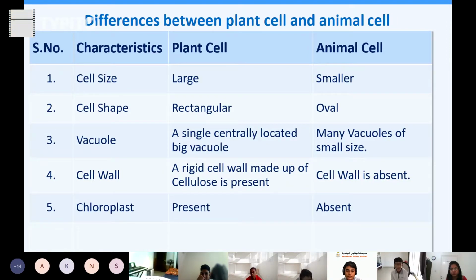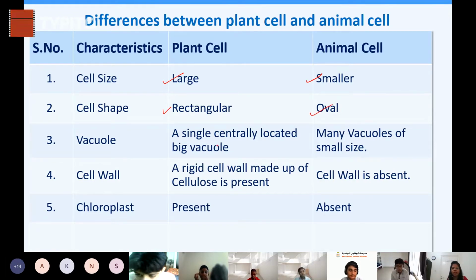We have studied about the plant cell and animal cell in junior classes. Plant cells, if you see under the microscope, are large, like the onion peel cell, but the cell size is smaller in animal cell. Plant cells are rectangular or some geometrical shape, and that shape is provided by the cell wall. But animal cells are generally oval in shape.